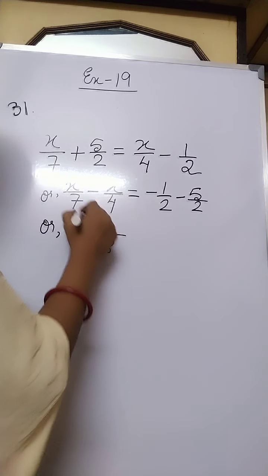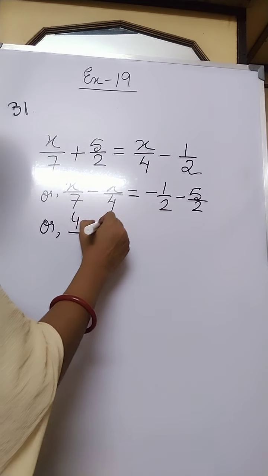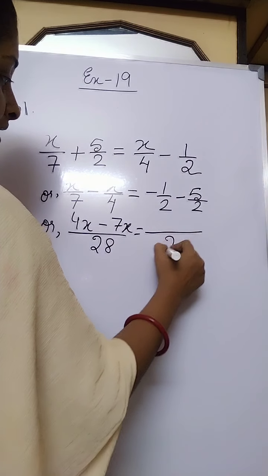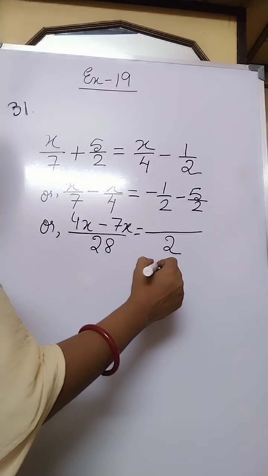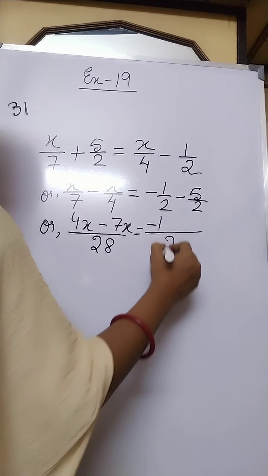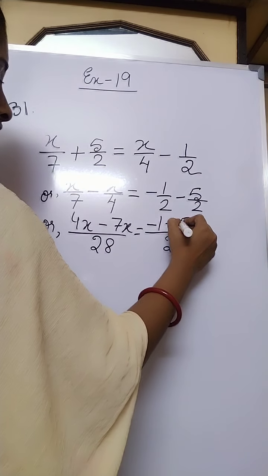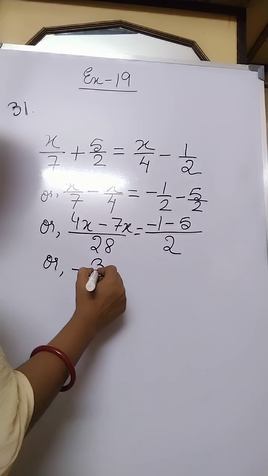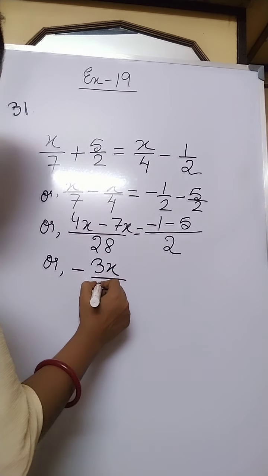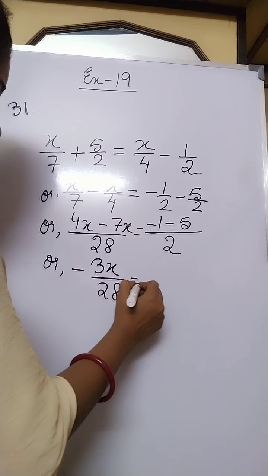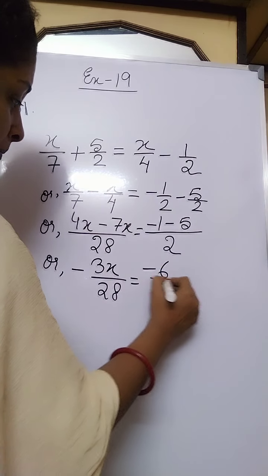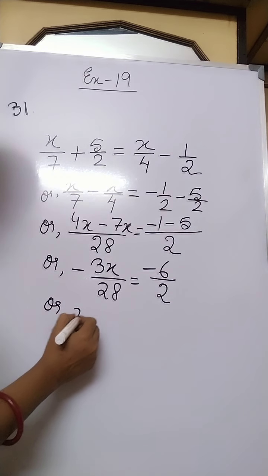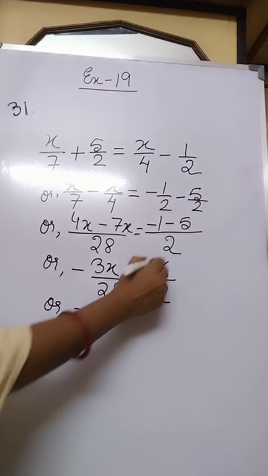Or 28, 7 4s are 28, so 4x minus 7x, and here 2 will be the LCM, so minus 1 minus 5, or minus 3x by 28 is equal to minus 6 by 2, or x is equal to, cross multiplication will be there.